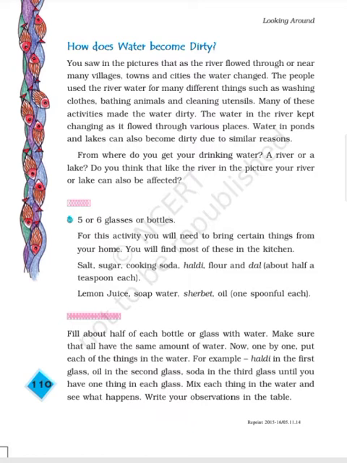So students will see how water becomes dirty. As we have seen in the picture above, water flows from different villages. They cross different places, towns, cities, and the water changes. Why?